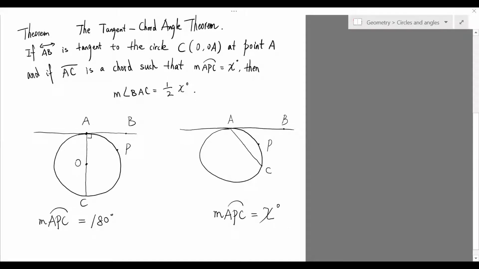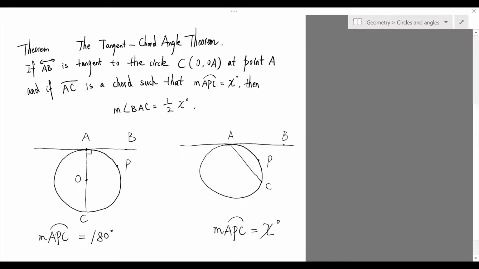Well, to understand that this theorem is a generalization of the characterization of the tangent line, let's look at the first figure below. In this figure, the line AB is a tangent line to the circle, with the point of tangency at point A. If we assume the chord AC to be a diameter of this circle, then from the characterization theorem, we know that the angle BAC is in fact a right angle, in other words, 90 degrees.